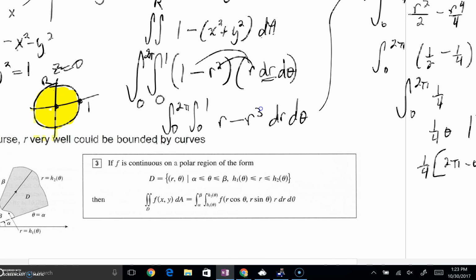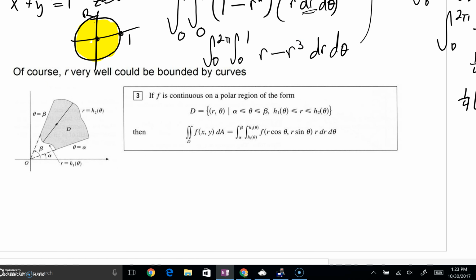All right. Now what? Well, R, of course, doesn't have to have strictly numeric bounds. R doesn't always have to be bounded between 1 and 2 or numbers like that. You take a look at such a picture right here, you could say, well, wow, what if the curves in question are polar equations?